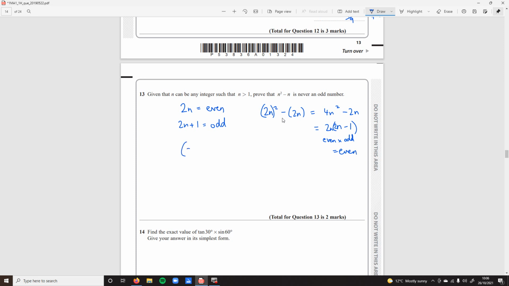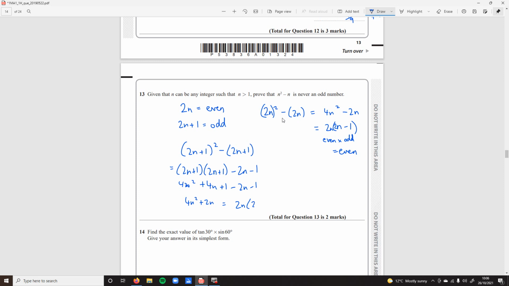Okay, and then 2n plus 1, which is a number squared, minus 2n plus 1 equals 2n plus 1 times 2n plus 1 minus 2n minus 1, 4n squared plus 4n plus 1 minus 2n minus 1. 4n squared plus 2n is the same, basically, as the other one.